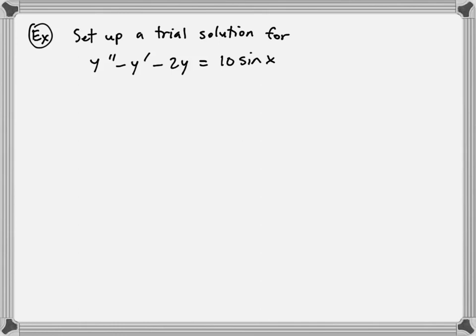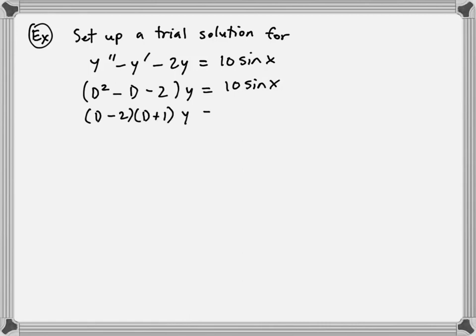Okay. Let's go ahead and write this in differential operator form. So this is the same as D squared minus D minus 2 of y is equal to 10 sine x. This is the same as D minus 2 times D plus 1 of y is equal to 10 sine x.